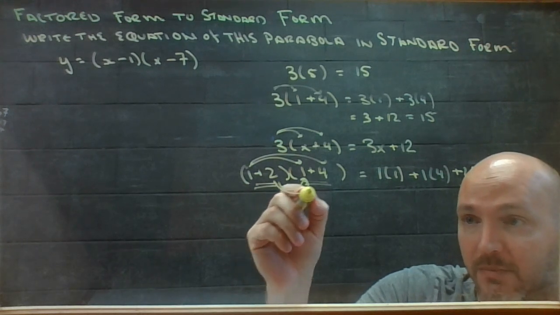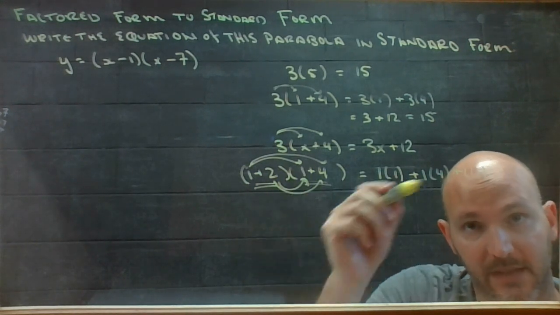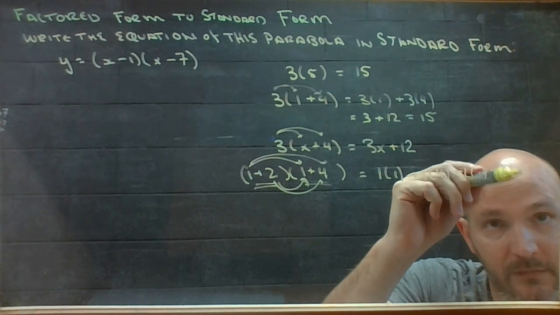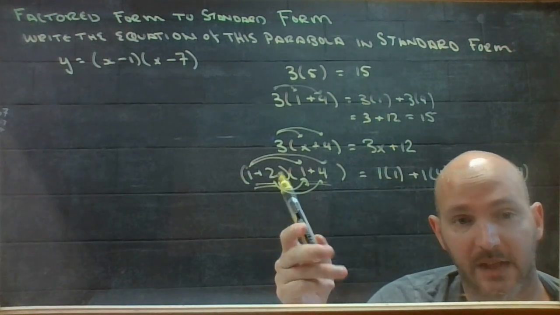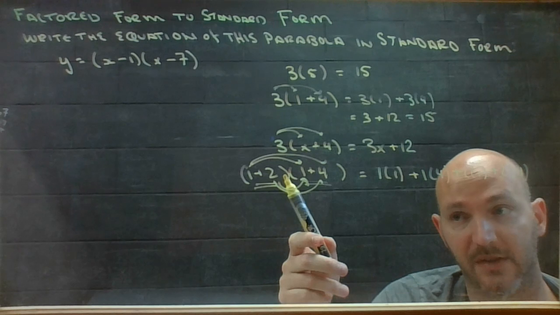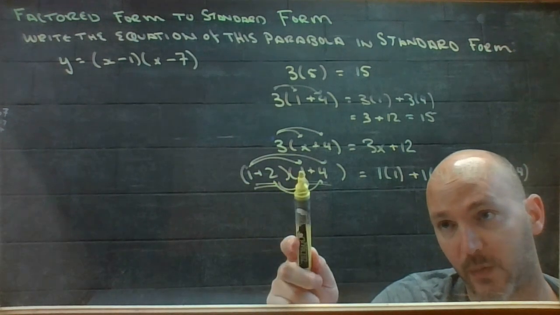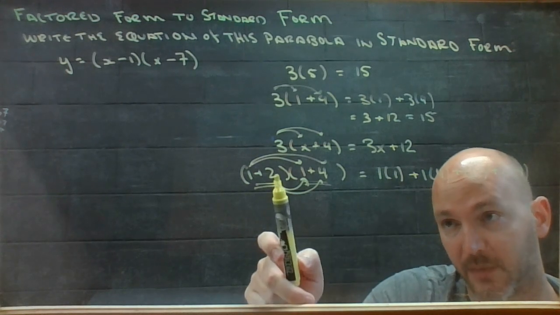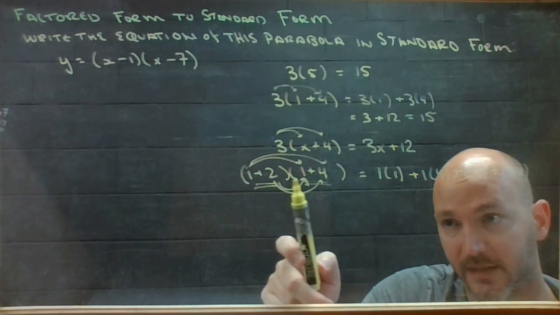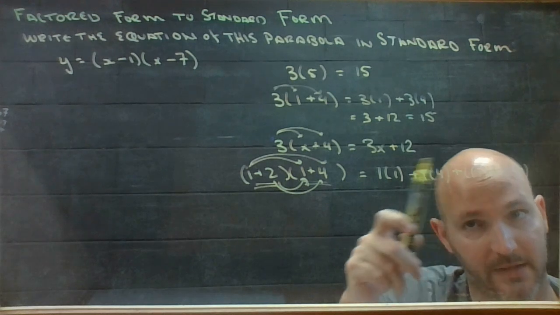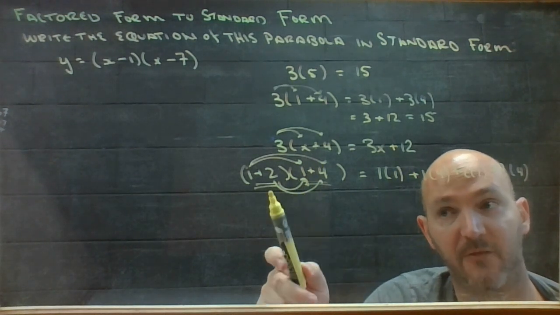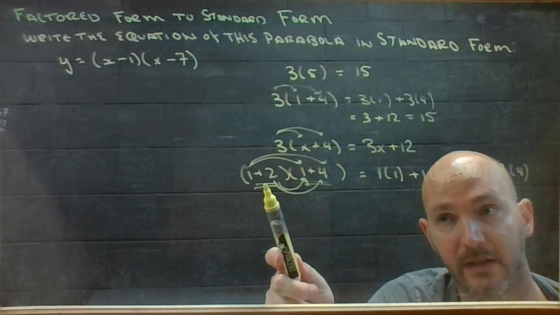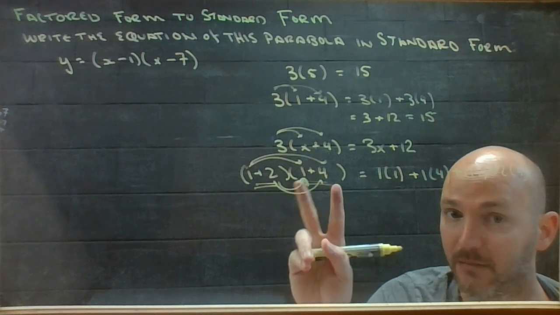And you pick something in this bracket and multiply it by something else in that bracket. And then you ask yourself, have I done all of the combinations that are possible? Did I put the 1 with the 1? Yes. Did I put the 1 with the 4? Yes. Did I put the 2 with the 1? Yes. Did I get the 2 with the 4? Yes. Those are all the combinations of picking something from this bracket and something from that bracket and multiplying them together.